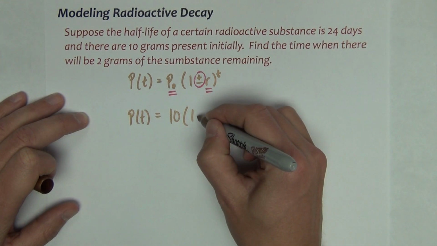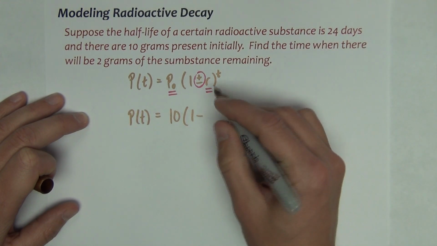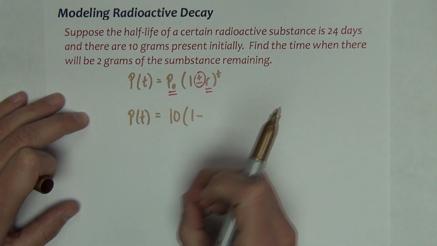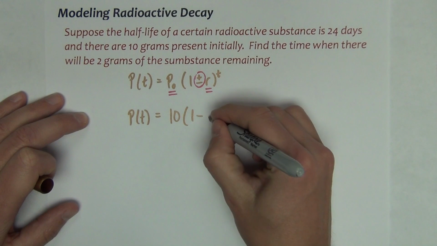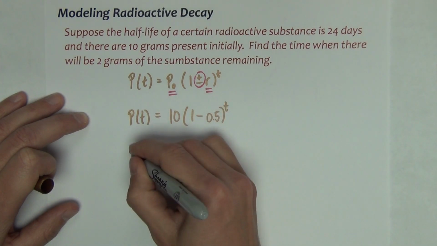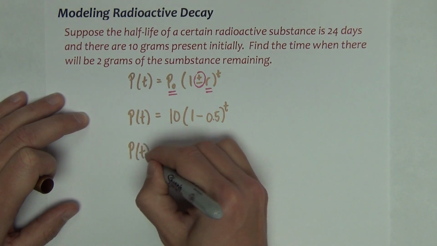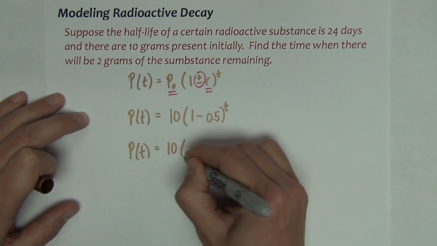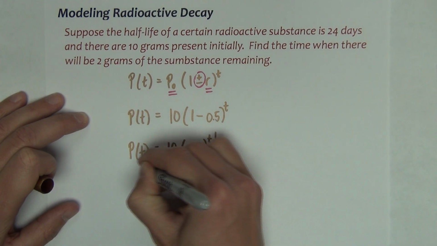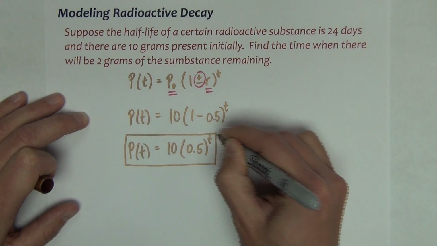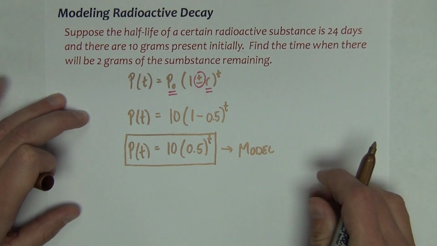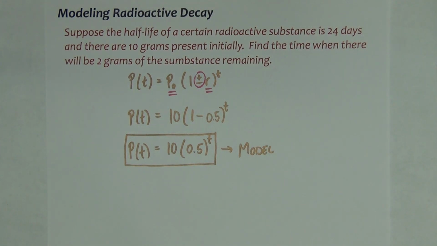So the amount is getting less, so we're going to choose minus. And if we have half left after every 24 days, that percentage rate is 50%. So 0.5 raised to the t. And if I simplify this, we have 10 times 0.5 raised to the t. Okay, so that is, again, our mathematical model that we can use to solve this particular problem.